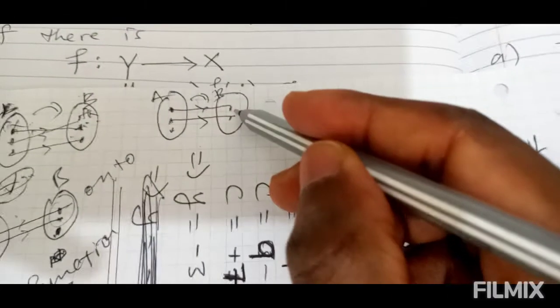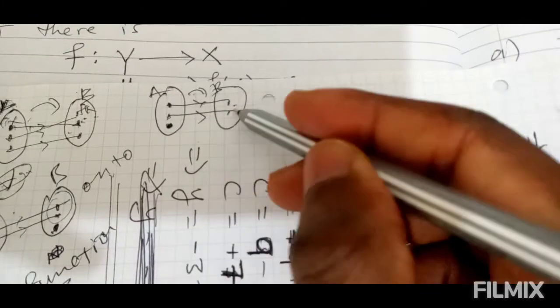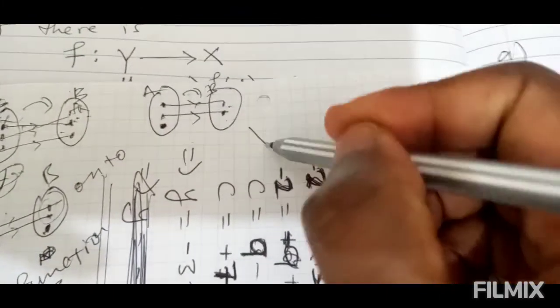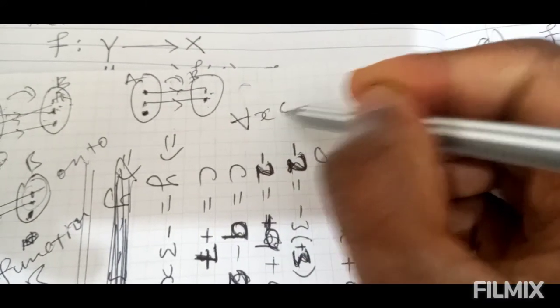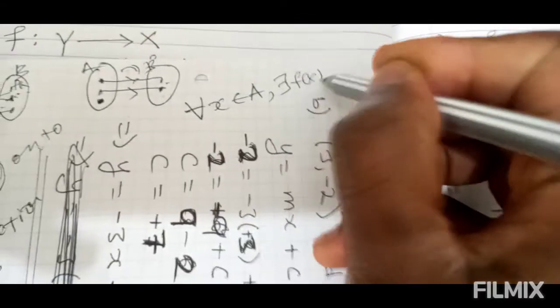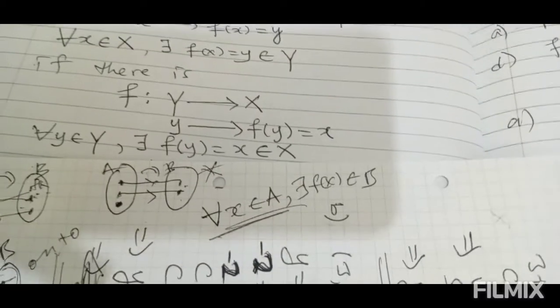Now this is not a function, because this element here in X has no image in B, because the definition of a function says every X, a member of A, should have F of X, a member of B. But this one is not a function. That does not work.